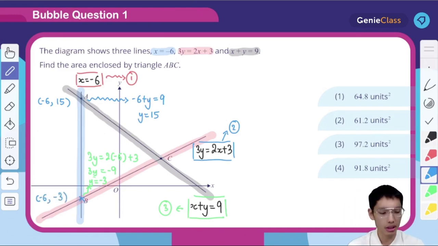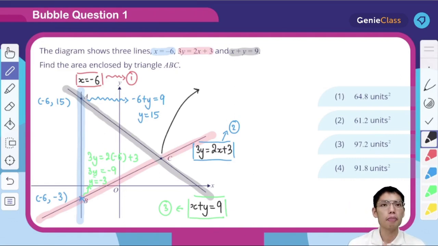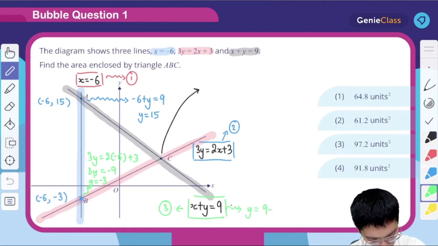Now, the last one is going to be a tedious one, so just follow me, okay? Depending on how you form 3, you can form it as y is equals to 9 minus x, or x is equals to 9 minus y. Let's say I change it up a bit and let y be 9 minus x.